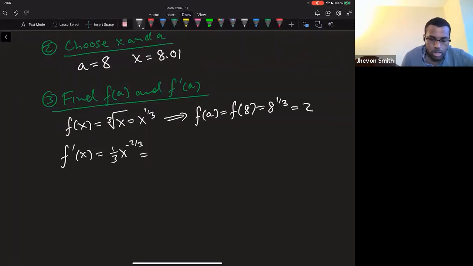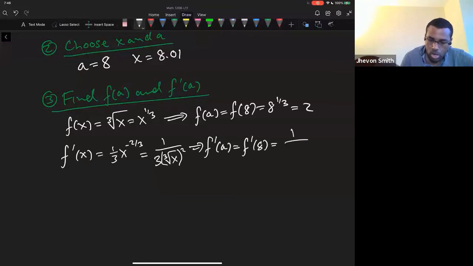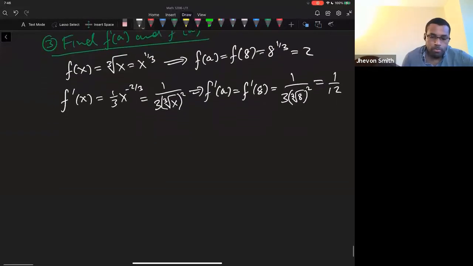So that would be 1/3 times the cube root of x squared. So this means f prime of a is f prime of 8. It's going to be 1/3 times the cube root of 8 squared. Cube root of 8 is 2, 2 squared is 4, 3 times 4 is 12, so that's 1/12.